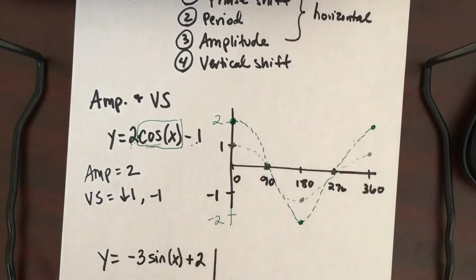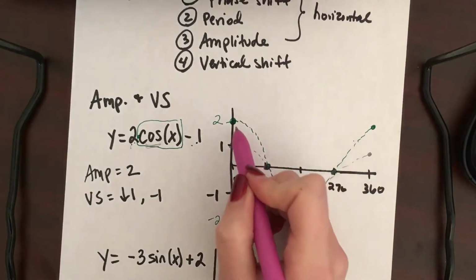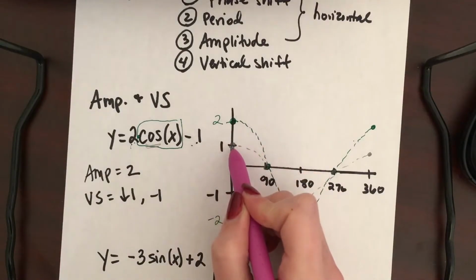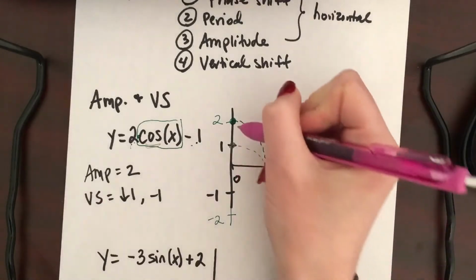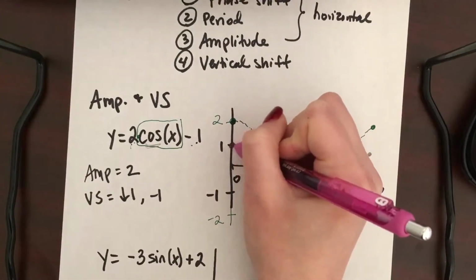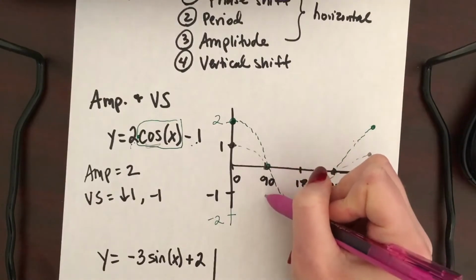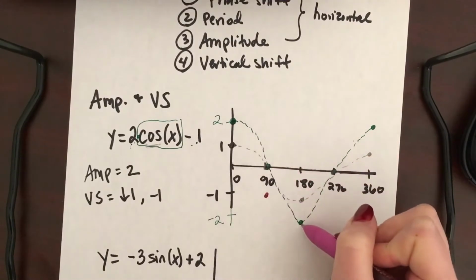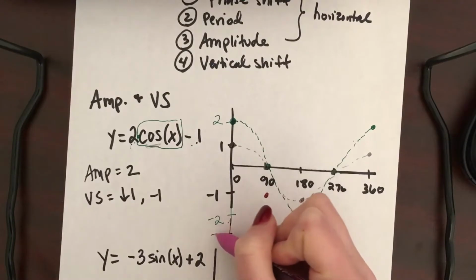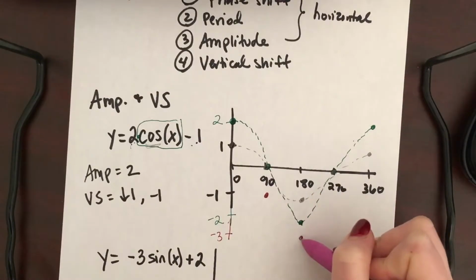And I think I'll just use this pink pen here. So I'm just going to take all of these values and move them down one spot. Right? So all these green ones are going to move down. So this one actually goes back to where it started. This one's going to move down 1 to be at negative 1. This one's going to move down 1 to be at negative 3. So I need to extend that down a little bit more.